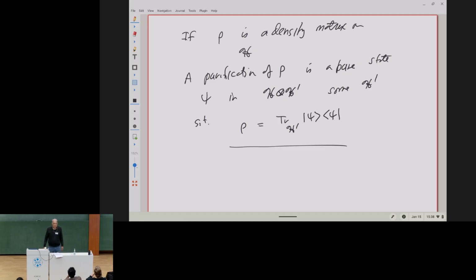So what it means is that psi is a pure state somewhere on H tensored with something, such that the corresponding density matrix on the original system is rho.